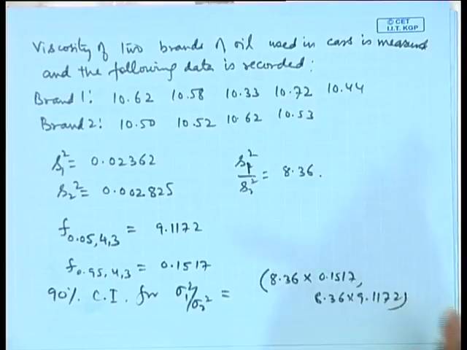So, in a given practical situation, we need to analyze what is the model that will be applicable and accordingly we make use of the formulae. For example, when we are looking at the confidence intervals for mu 1 minus mu 2, then we worry about the status of the variances. If the variances are known, then we have a formula based on the z, that is the normal distribution.